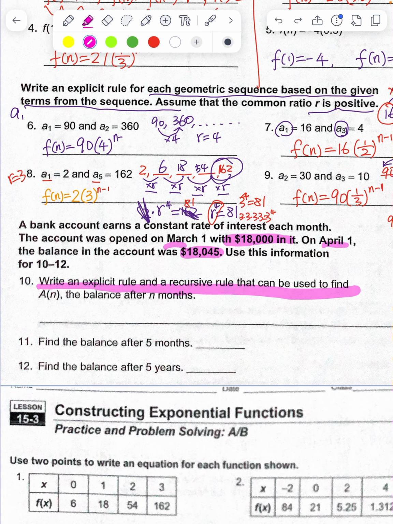Yeah? Okay, what's the common ratio? We know the first term is 18,000. And then after 1 month, 18,045.